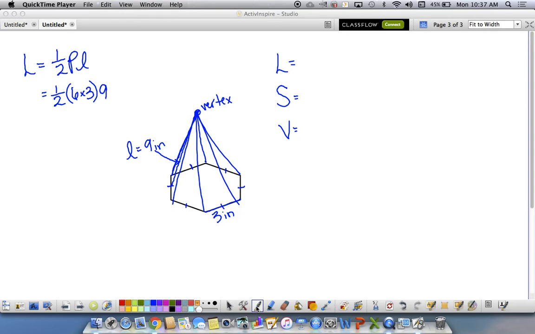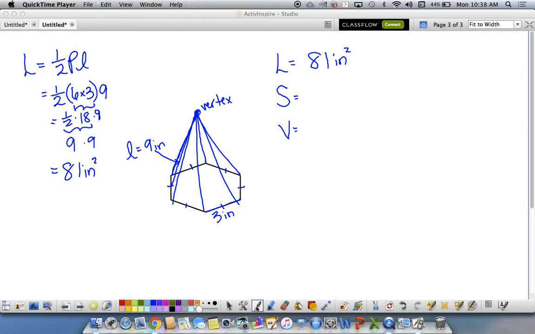So 6 times 3 is 18, right? 18 times 1/2 is 9, times 9 is 81. Lateral area is 81 inches squared. Correct.